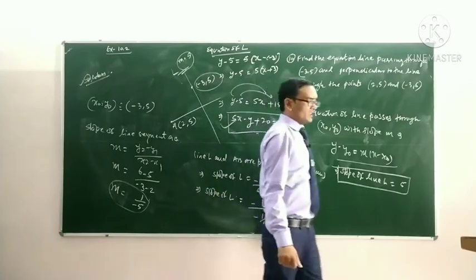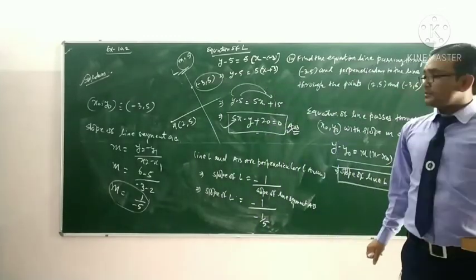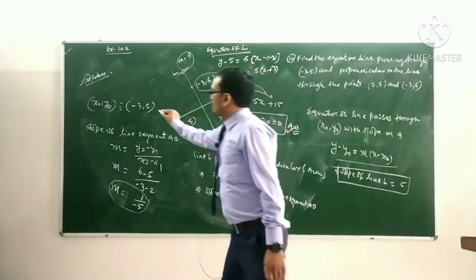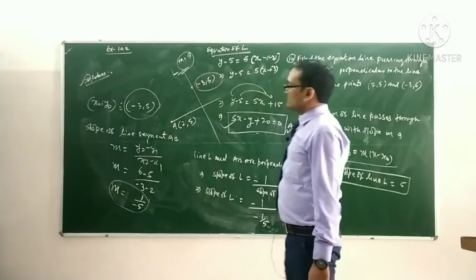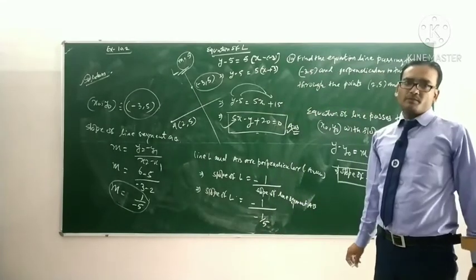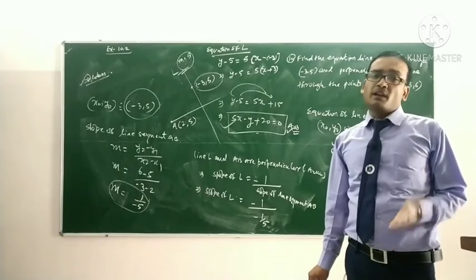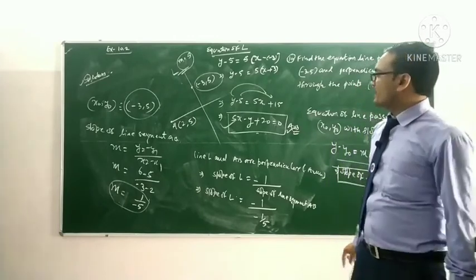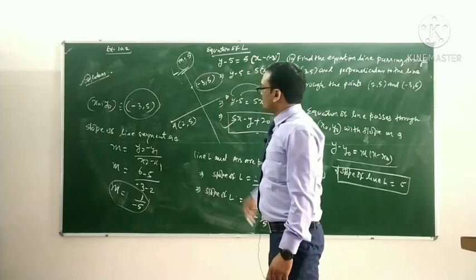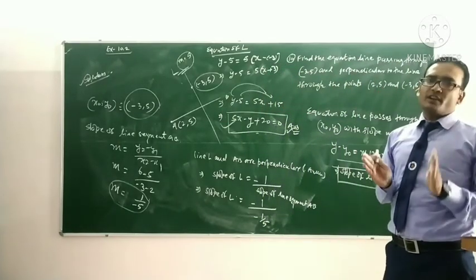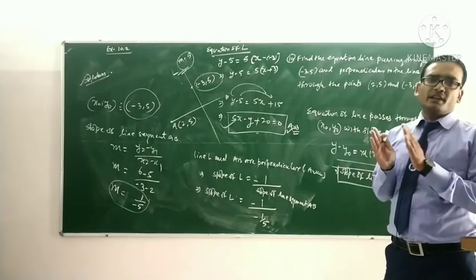Okay students, in this question a line passes through the point minus 3 comma 5, and the slope is not directly given, but the line is perpendicular to the line segment AB. The coordinates of AB are also given, so we find the slope of line segment AB.